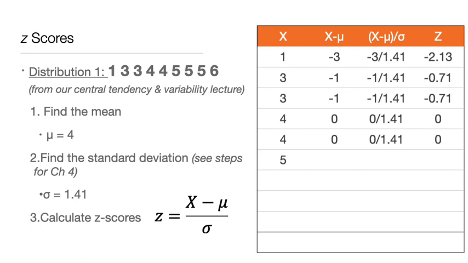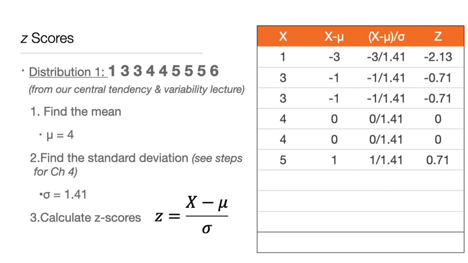Now our 5 is above our mean, so without even doing the formula, I can already estimate that this is going to be above my mean. My standard deviation is 1.41, so I would expect a z-score less than 1 standard deviation, a decimal. So I have a 1 divided by 1.41, and I get 0.71.